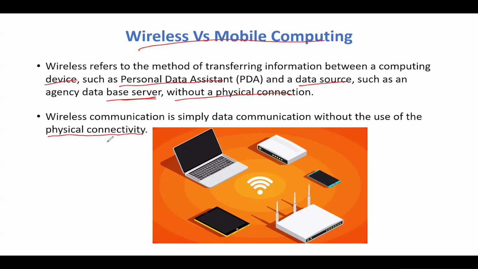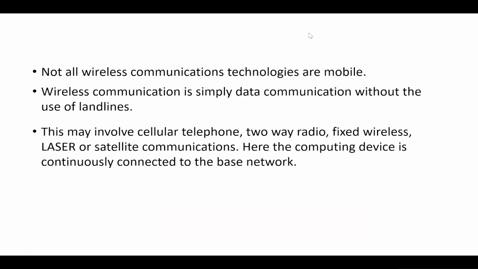We have learned about guided and unguided medium. In that, unguided medium is something which we can call wireless. All right. Nowadays we use so many devices, and most of them will be wireless devices. Not all wireless communication technologies are mobile.